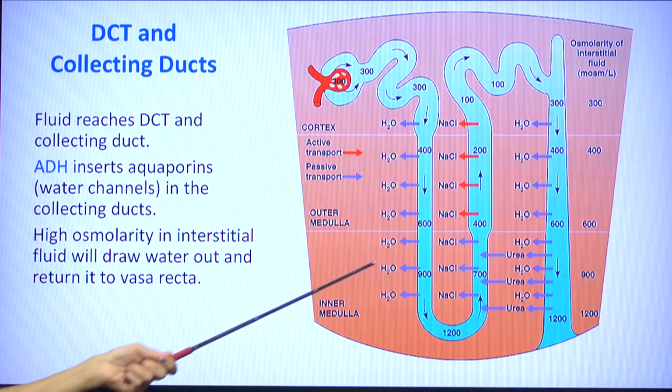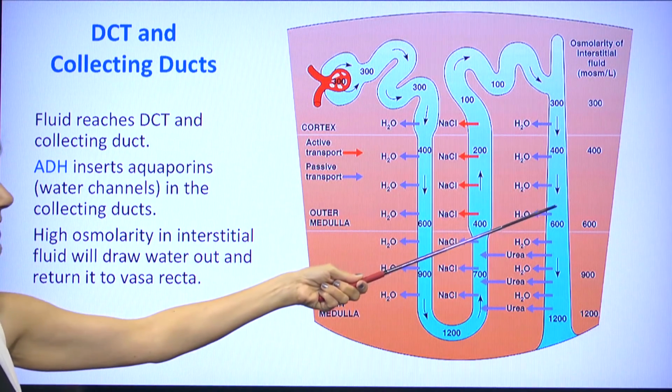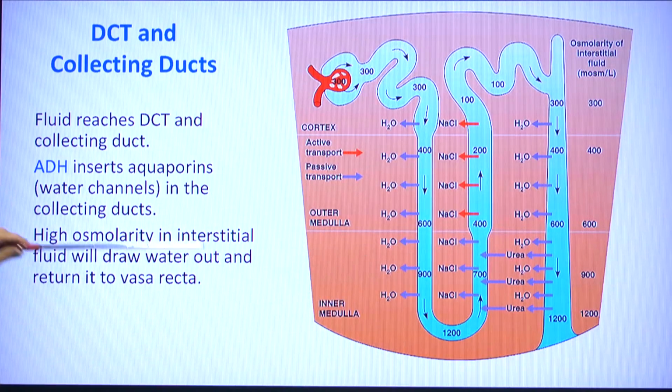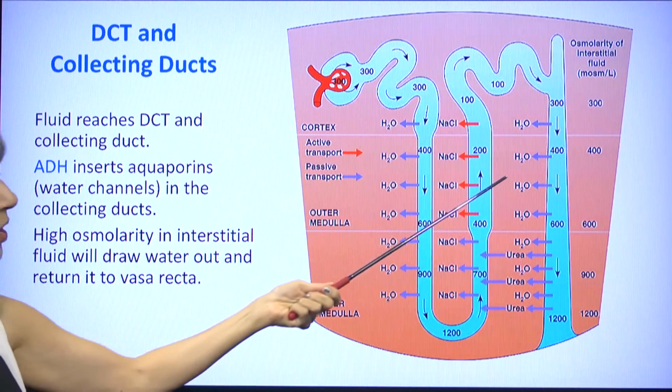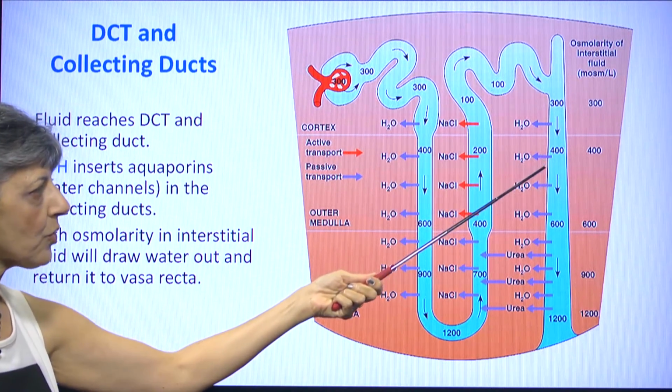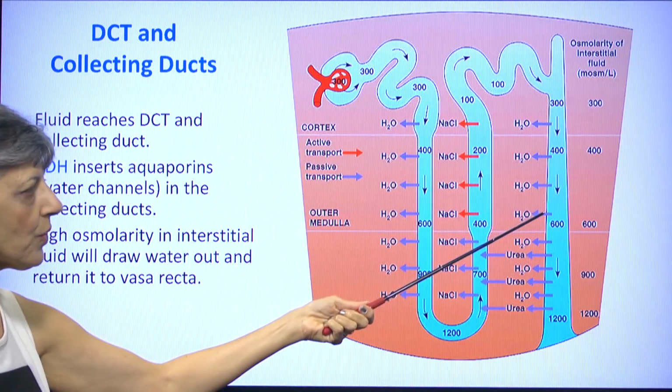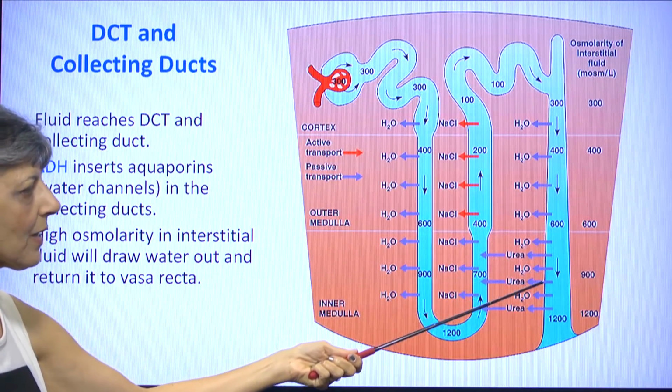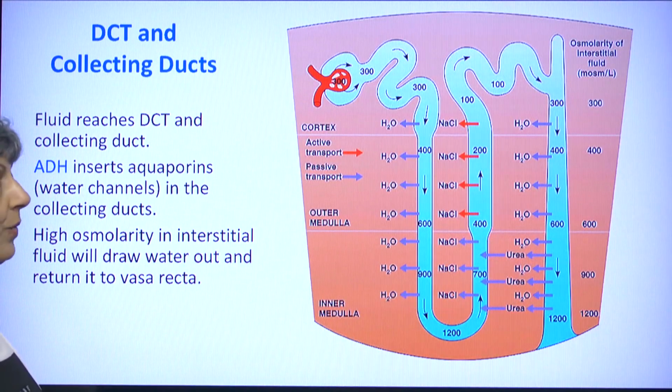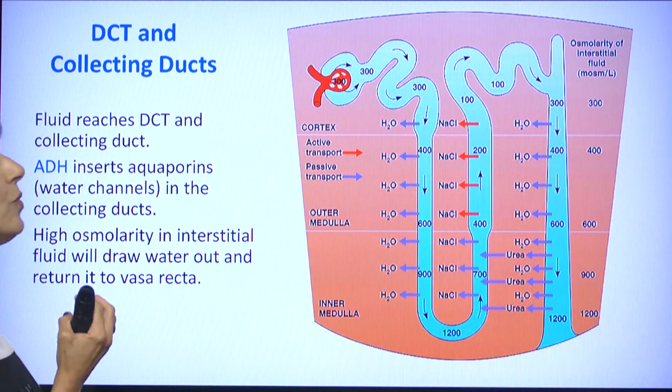It's going to happen in the collecting duct under the effect of a very important hormone called antidiuretic hormone or vasopressin. What does it do? Antidiuretic hormone is going to put water pores, water channels into the wall of the collecting duct. It will allow water to move. Water is going to move out.